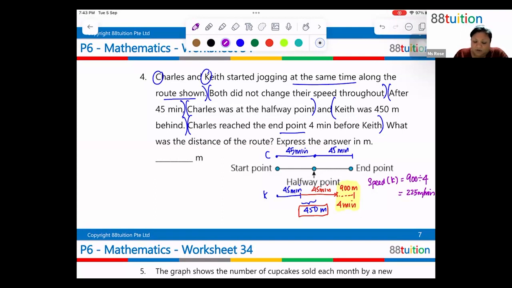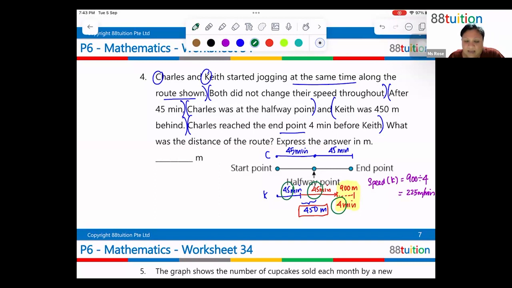Okay, what was the distance of the route? So we want to find the distance of the route. We can make use of the information given to us. In this case, we'll make use of this information, 45, 45, and 4. Total, how many? We know the speed of Keith, right? Which is 225.